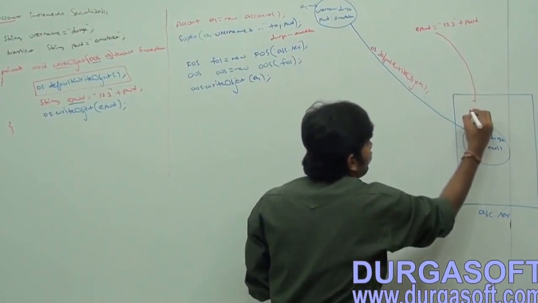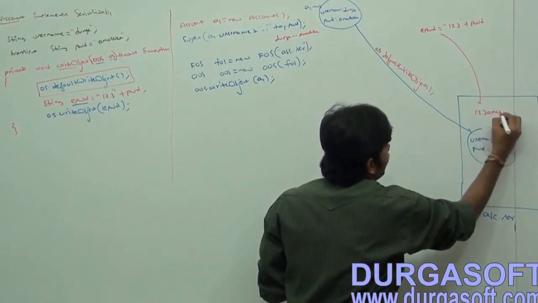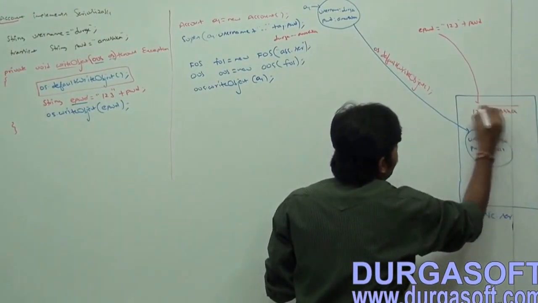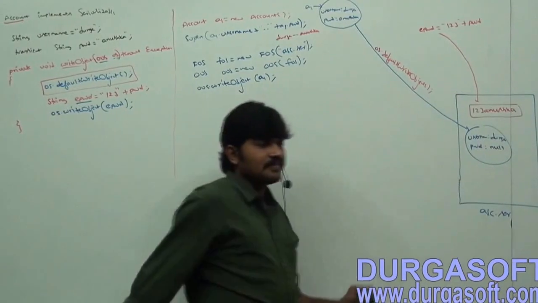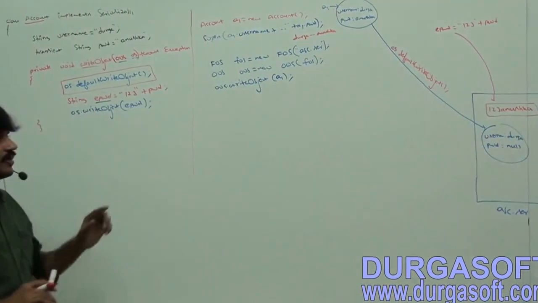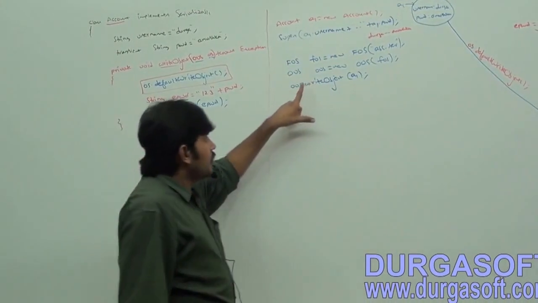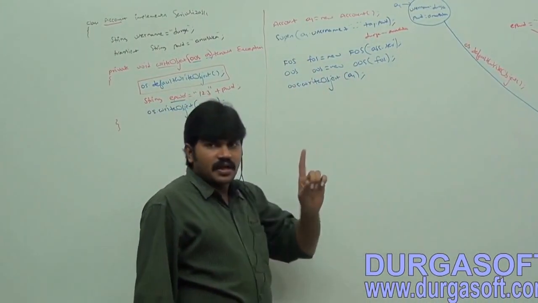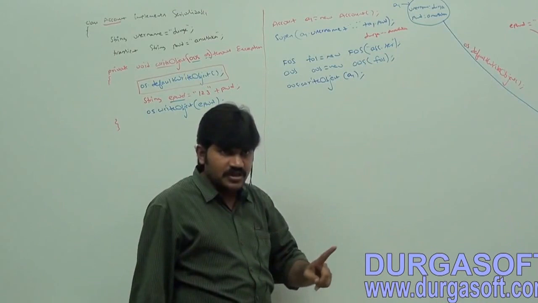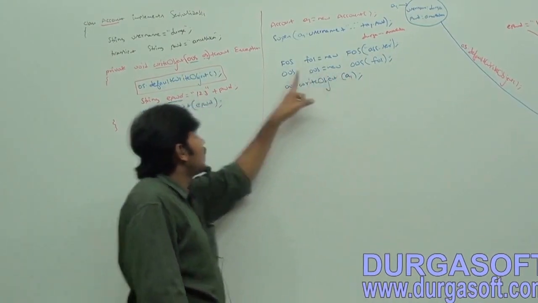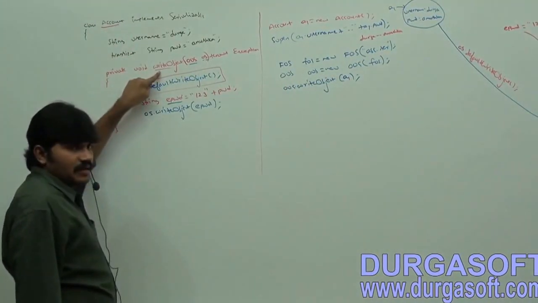Can you tell what is the value? 123 Anushka, which we added by default. That's all. Let me repeat this cinema once again. Whenever we are serializing an account object, JVM will check whether the account class contains a writeObject method or not.